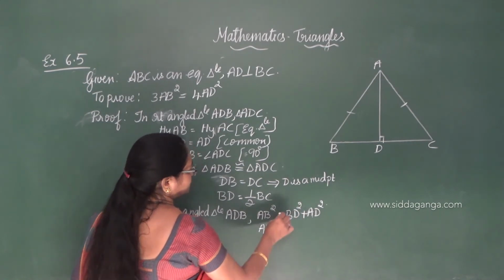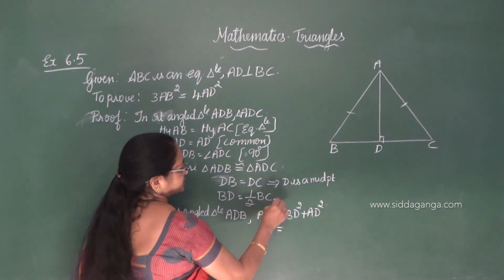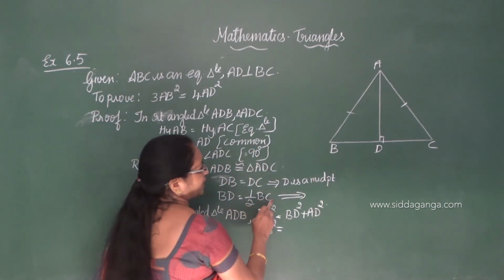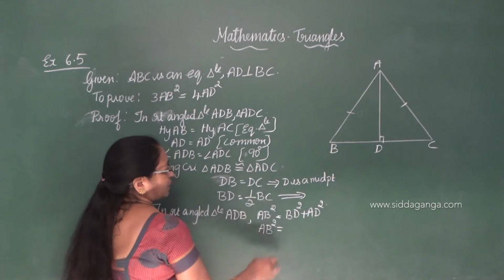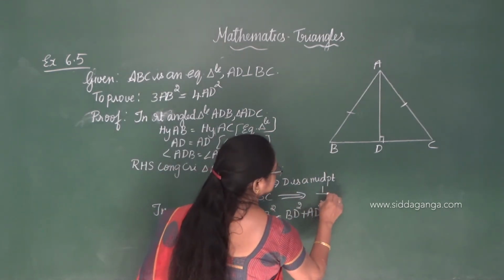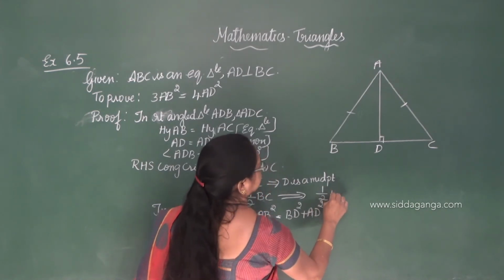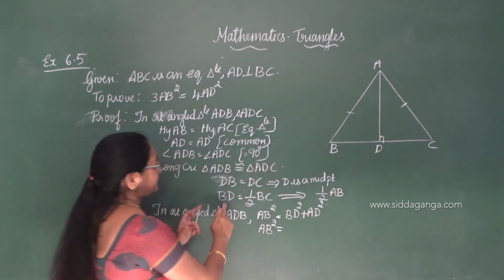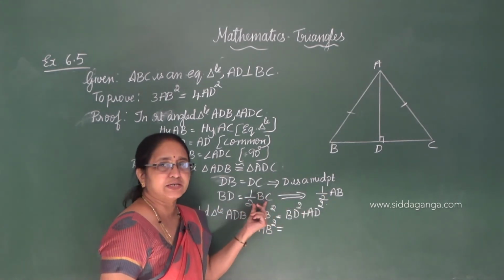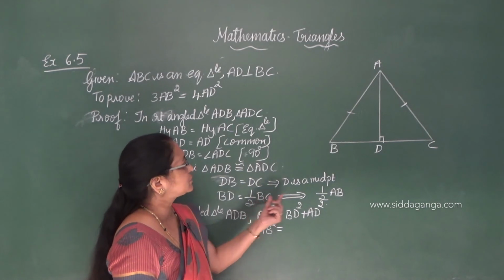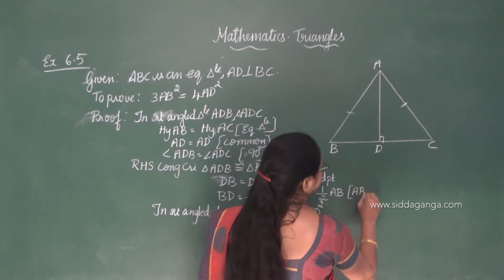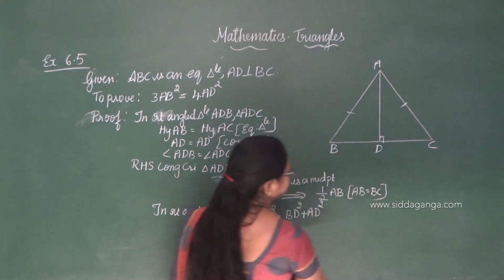So instead of BD, I can write BC. BD is equal to half BC, and instead of BC, can I write AB? So BD is equal to half AB. Actually half BC, so BC is equal to AB because AB is equal to BC. You know that, equilateral triangle.